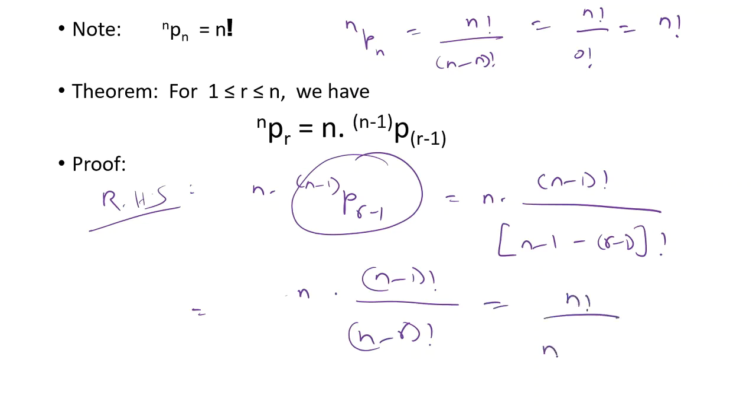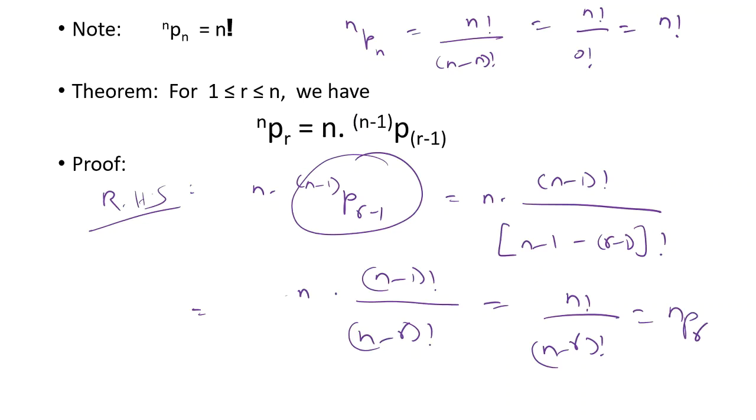So n factorial upon (n minus r) factorial, which is nothing but nPr. Therefore, nPr is equal to n times (n minus 1)P(r minus 1). So this is the proof using the formula.